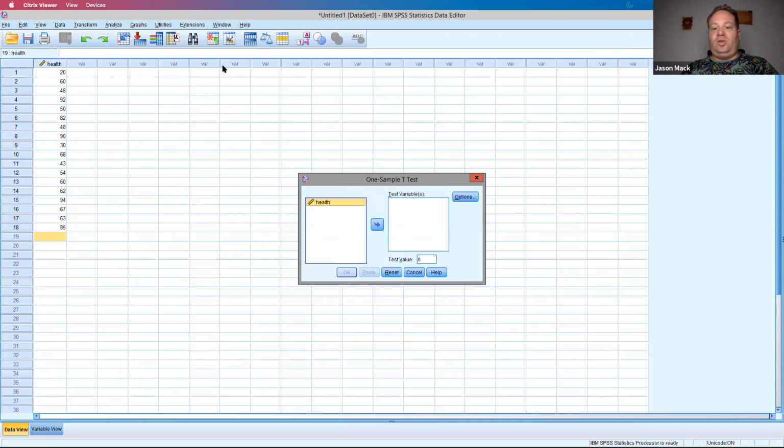Next, we're going to put our test variable over here like that. That's the test value. We want to make sure that our test value is 77.43, the mean that we previously looked at.